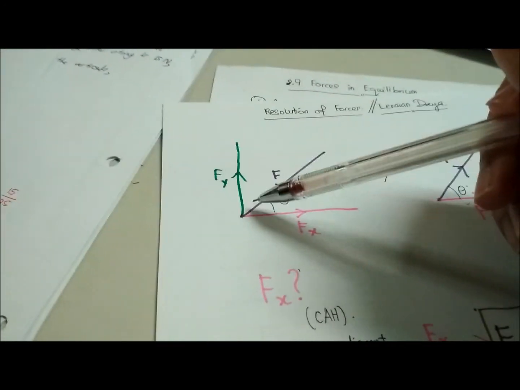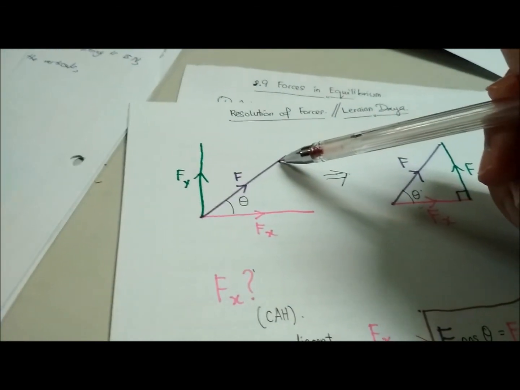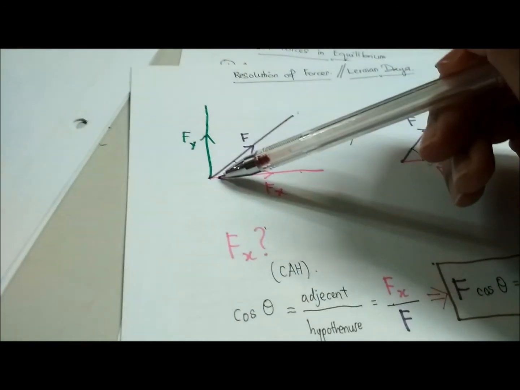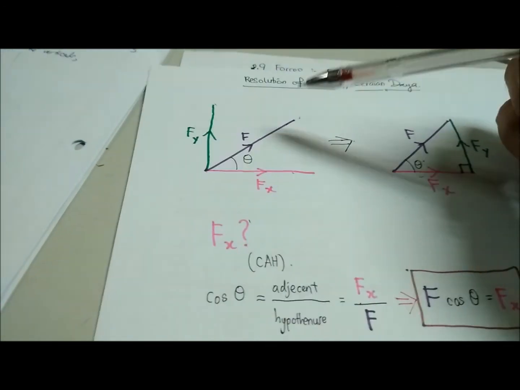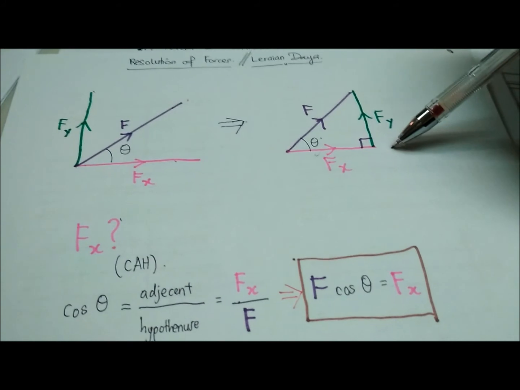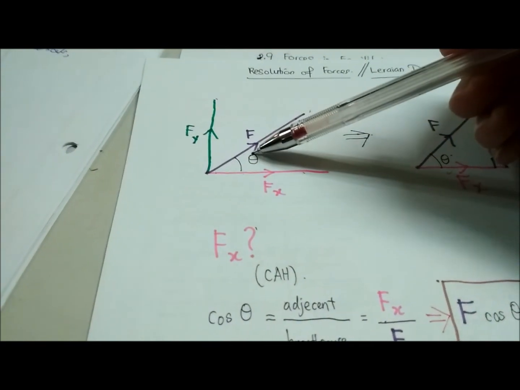Given a force F, you can resolve this force F into its components, that is the component X and the component Y, and then from these components you can combine them to form a closed right angle triangle, and from this you can find the angle theta.